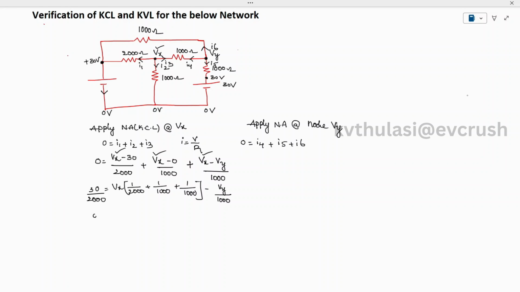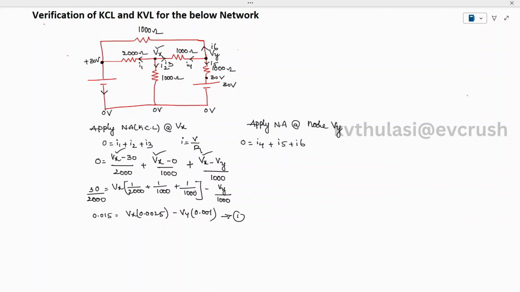When you use your calculator, this is 0.015 is equal to Vx of 0.0025 minus Vy of, so 1 by 1000 is 0.001. So this will act as equation number 1.